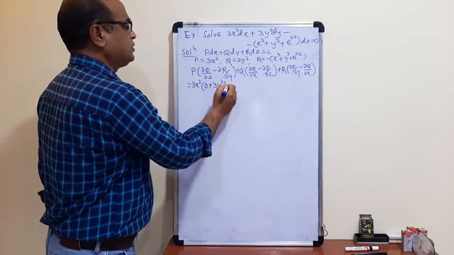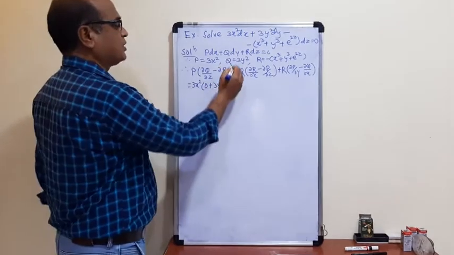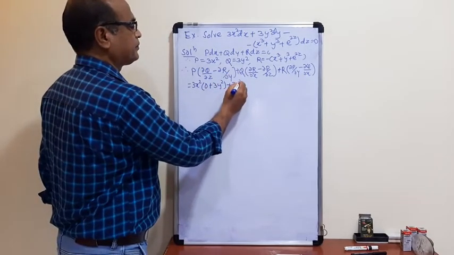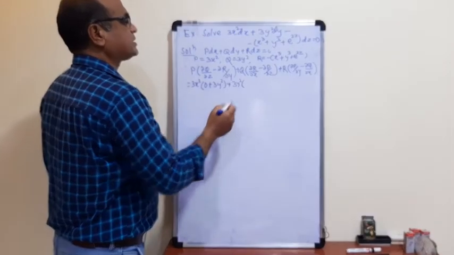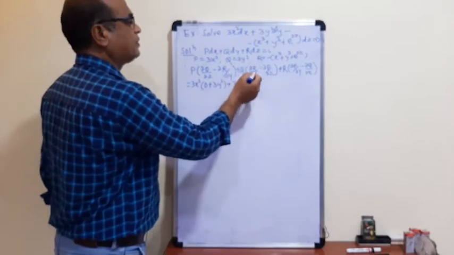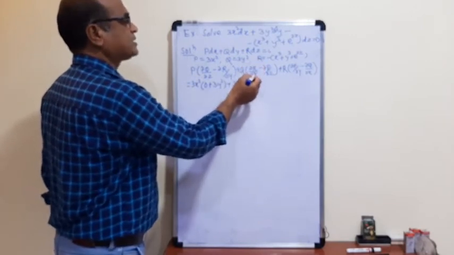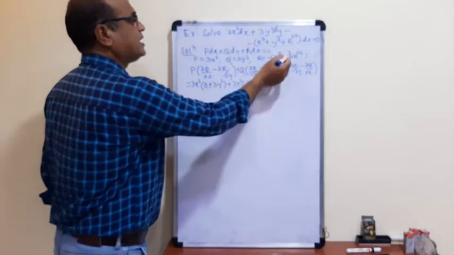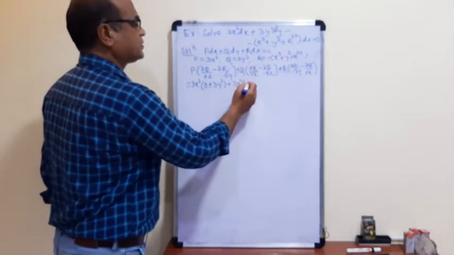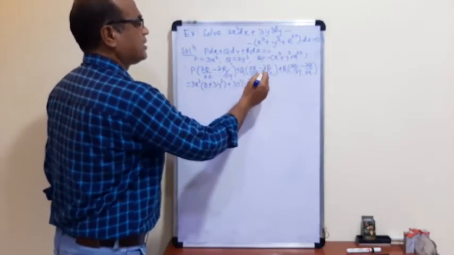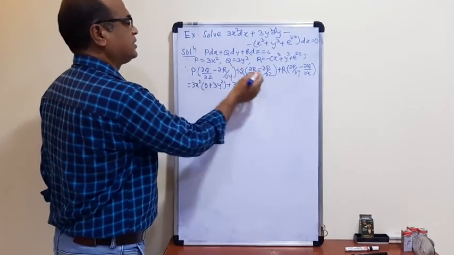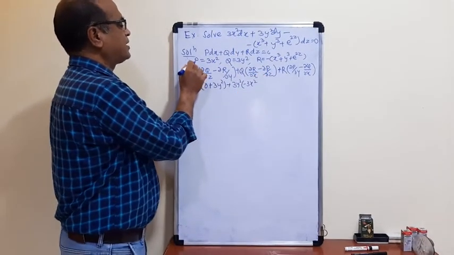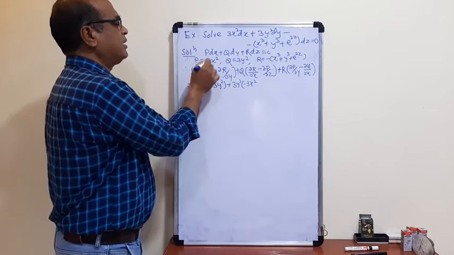Then what is q? Q is 3y square. What is the dou r by dou x? Partial derivative of r with respect to x, keeping y and z constant. So minus 3x square, minus dou p by dou z, partial derivative of p with respect to z, keeping x constant.